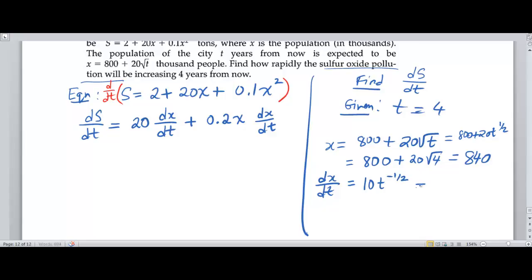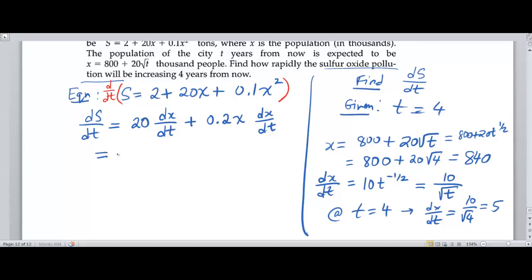Okay. So this becomes 10 over square root of t. And then at t equals 4, you get dx/dt equals 10 over square root of 4, which is 10 over 2, which is 5. Okay. So now I can just plug everything in.